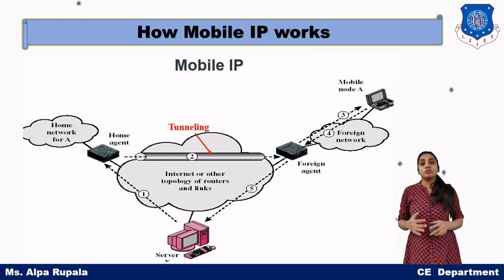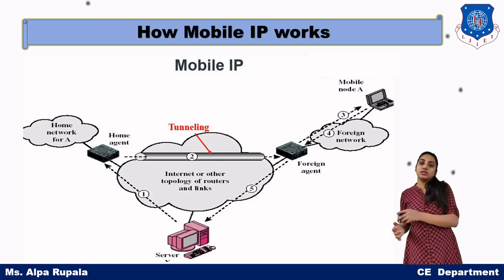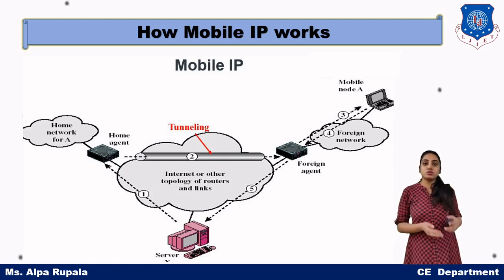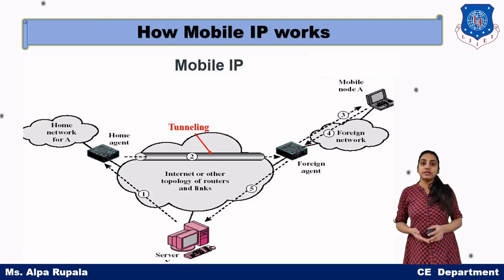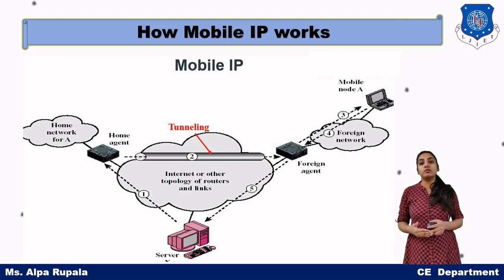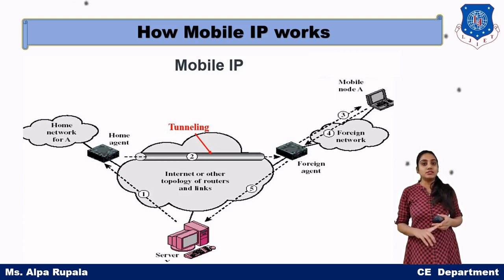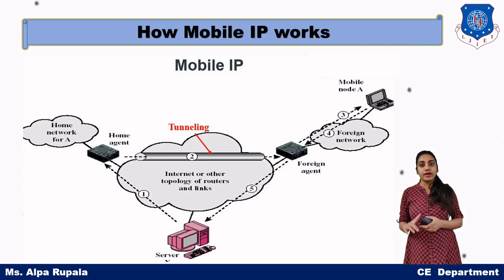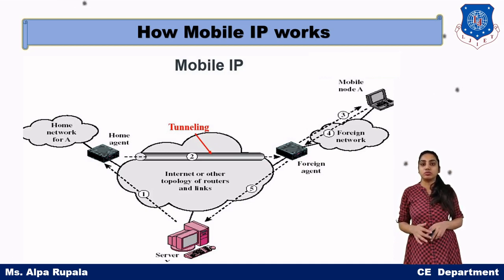Whenever we transfer data from one device to another, we require the TCP port number and IP address of the receiver, and the TCP port number and IP address of the sender. These four parameters we must have.